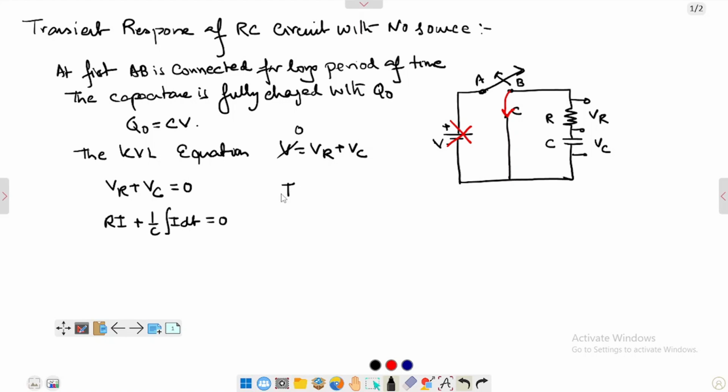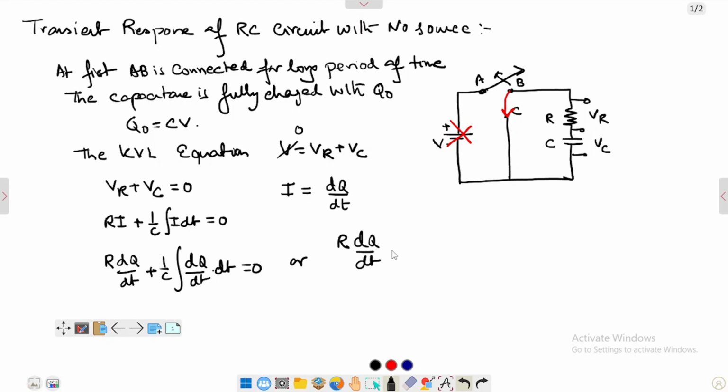Now what is my I? I know I is dq by dt. In the previous calculation, we plugged in this I here, so we'll do a similar thing in this case also. We get R dq/dt plus 1 by C times the integral of dq/dt dt equal to 0, or R dq/dt plus 1 by C q equal to 0.